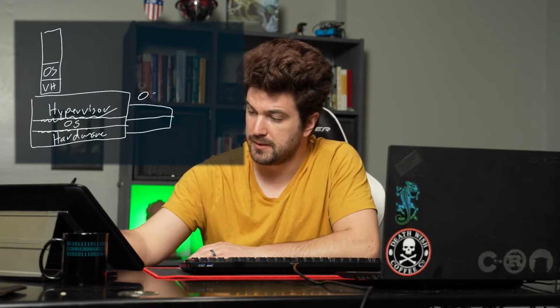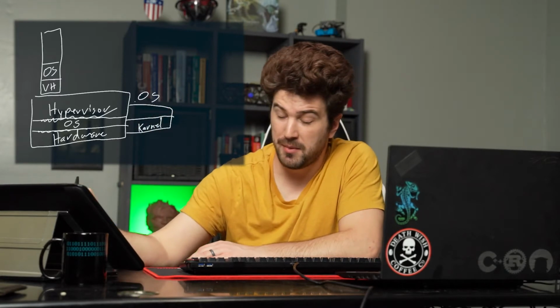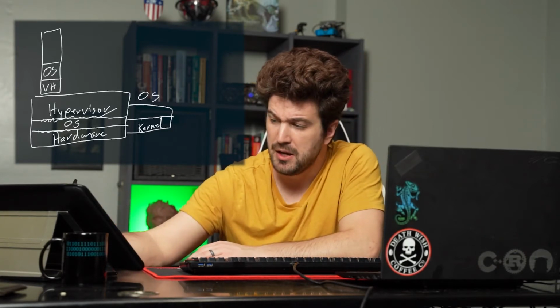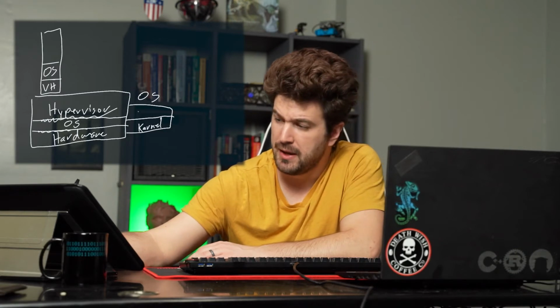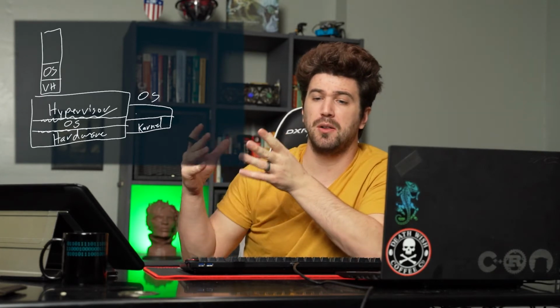Your OS has the kernel, and then your OS has some higher level things. We're going to call this user space. But bear with me, it's not all necessarily user space, but you have the stuff that runs in your kernel, and then you have everything on top of that, where you're talking about your Ubuntus and all of these things.